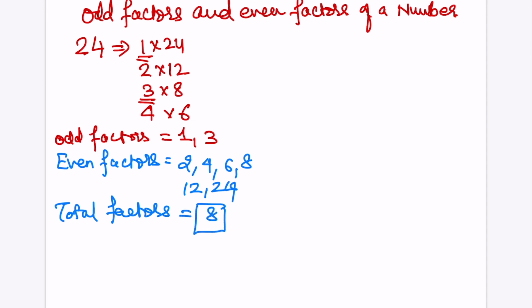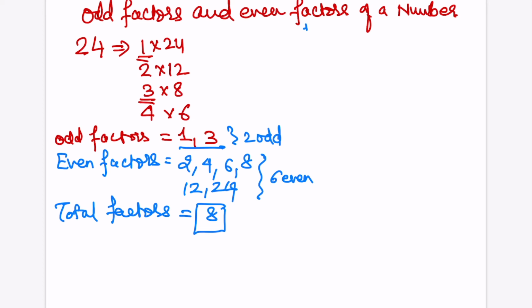8. Right, now we have seen that there are two odd factors and 1, 2, 3, 4, 5, 6 even factors, and total factors 8, so it is okay. 2 plus 6 is equal to 8.